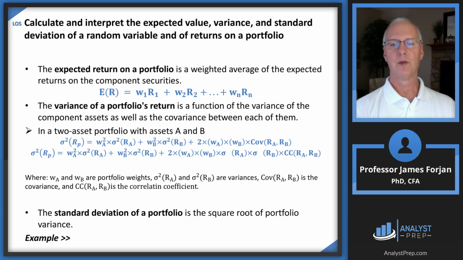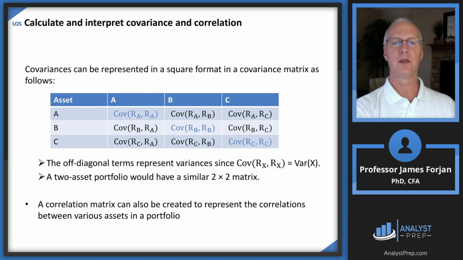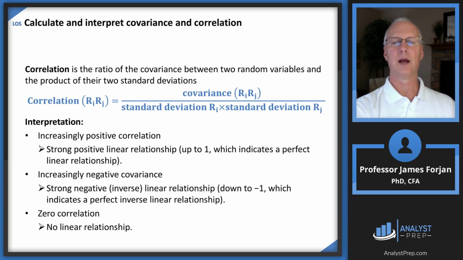And I have the two formulas there. The first one has the covariance as the far right term, and the second formula substitutes it, so instead of covariance, I have the correlation times the two standard deviations.